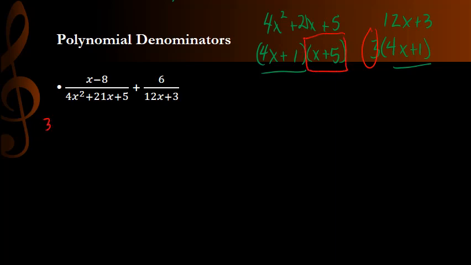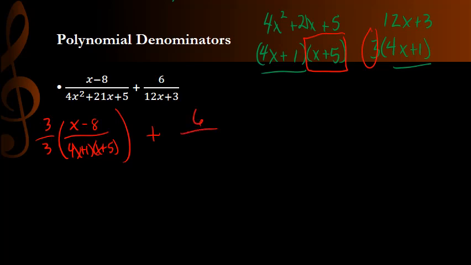So let's hit this. We're going to take 3 over 3 times x minus 8 over, and again, I'm going to leave it in factored form, 4x plus 1 times x plus 5. And then we're going to add to that 6 over the factored form, 3 times 4x plus 1. My missing factor here is x plus 5, so we're going to multiply it by x plus 5 over x plus 5.